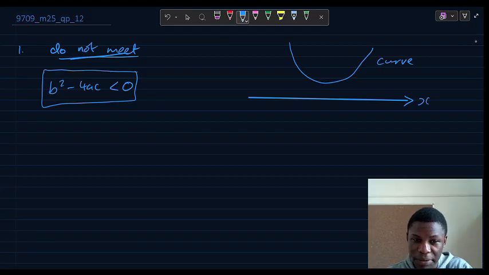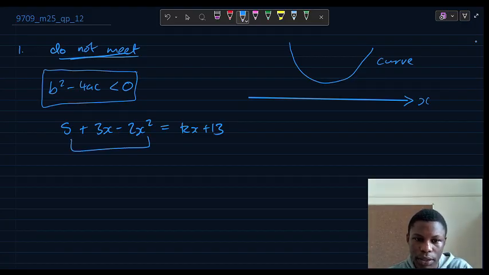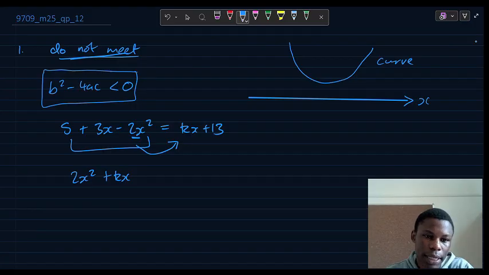So let's do that. We've got our curve 5 plus 3x minus 2x squared is equal to kx plus 13. And I'll move everything to the right hand side because I want the coefficient on x squared to be positive. So we end up with 2x squared plus kx minus the 3x plus the 13 minus the 5, and this is all equal to 0.